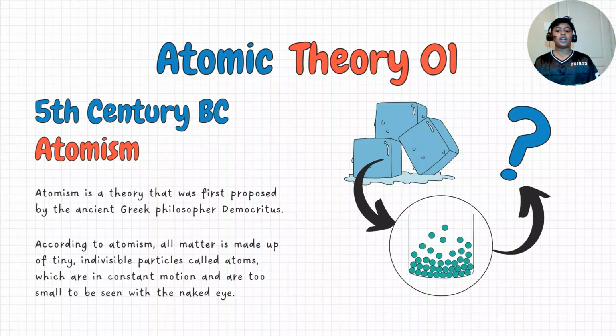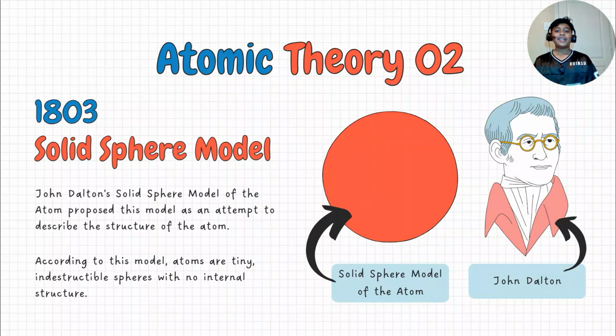According to atomism, all matter is made up of tiny invisible particles called atoms, which are in constant motion and are too small to be seen with the naked eye. So this model basically explains that atoms are just tiny little particles, which we know today is not what we identify.